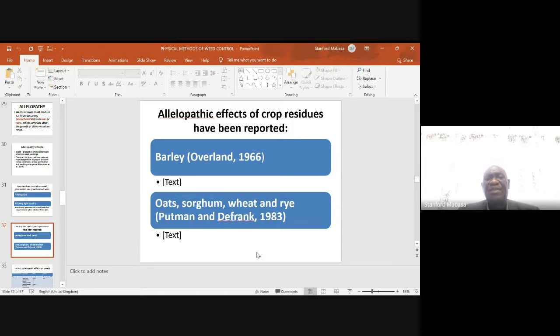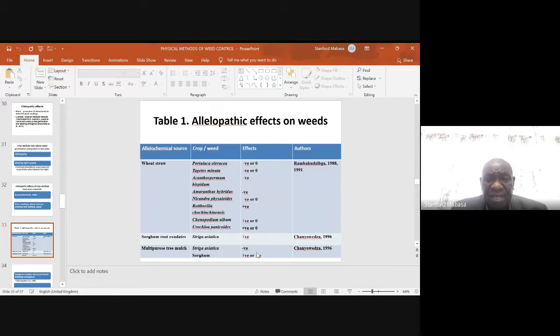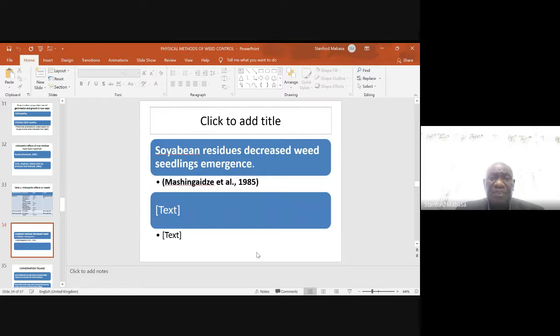They've also been reported in oats, sorghum, wheat, and rye. We've got examples of weeds which are controlled by wheat straw, as well as multi-purpose mulch and the sorghum. Soybean residues were also found to reduce weed seedling emergence. These are mulches.